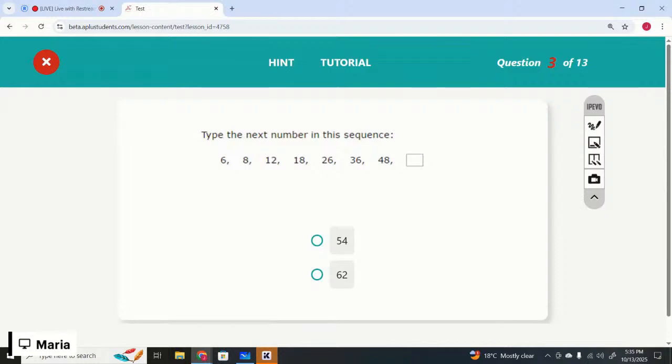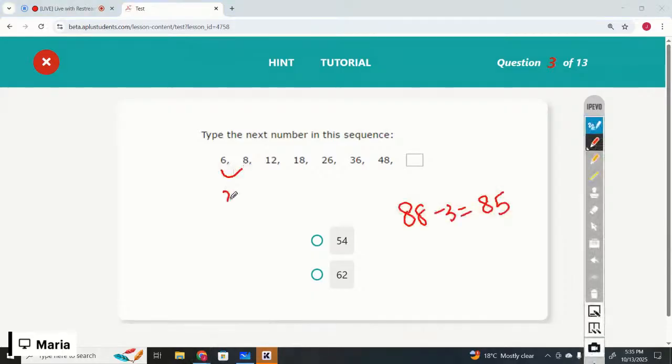Type the next number in the sequence: 6 plus 2 is 8, 8 plus 4 is 12, 12 plus 6 is 18, 18 plus 8 is 26, 26 plus 10, 10 plus 12.